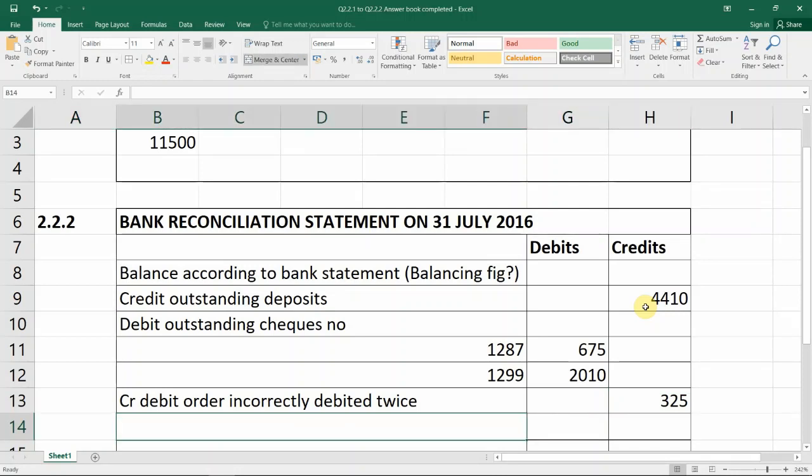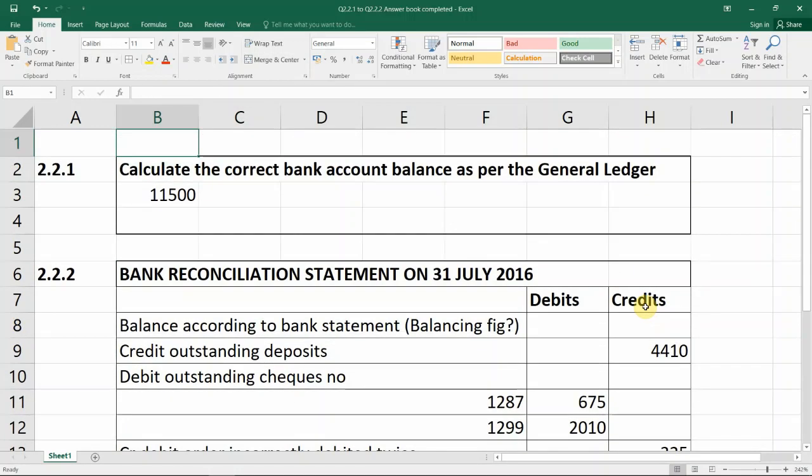So we know the balancing amount in practice usually is the balance according to our bank account in our general ledger. Well, we had to calculate it in 2.2.1. We know it's a favorable balance. Favorable means it has a debit balance, as assets have debit balances, and bank is an asset, it's our possession.